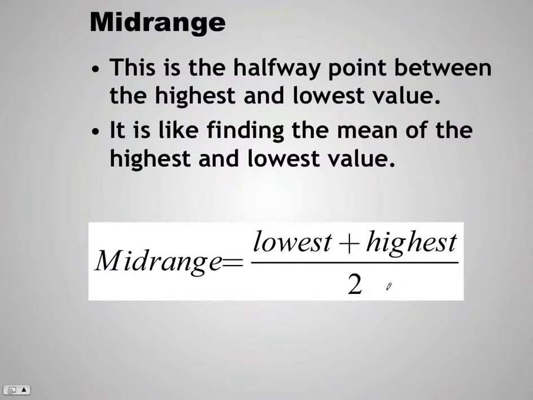And do you see how this is a measure of central tendency? Because it splits the highest and the lowest right in the middle, so it's going to be in the center somewhere. Of the 4, which one is probably not the best use if we're talking central tendency?